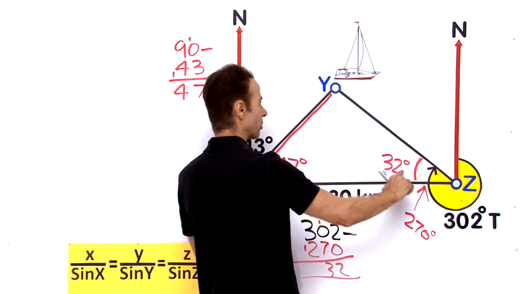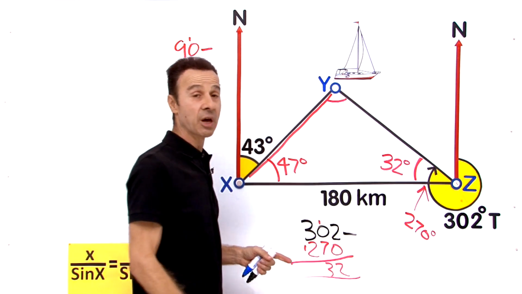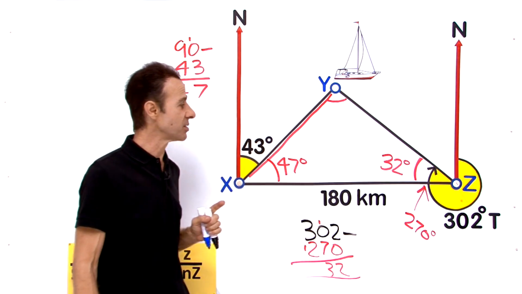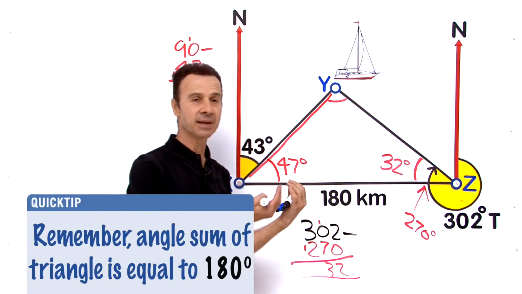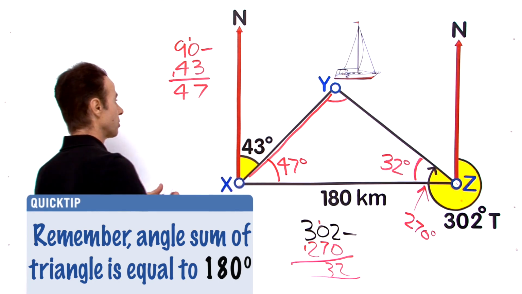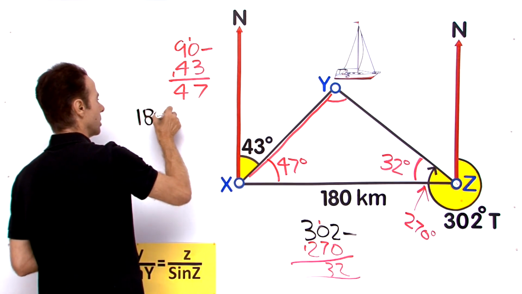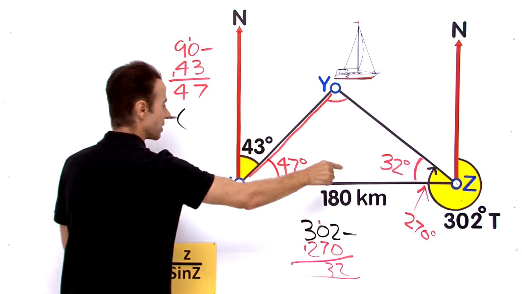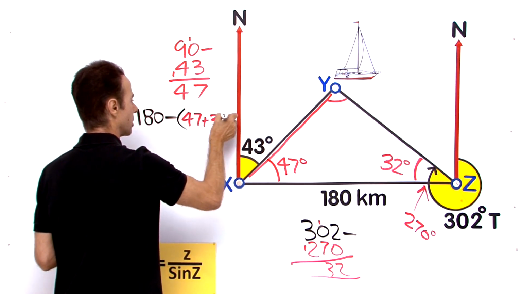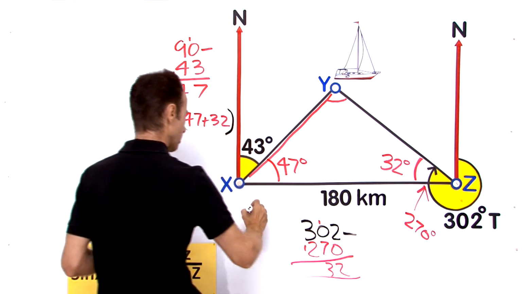We've got two internal angles. How do we find this angle up there, the third one? Well, we know the angle sum of a triangle is 180 degrees. So we add these two up and take it away from 180. So that's 180 take away 47 and 32. Now 47 and 32, what is that?